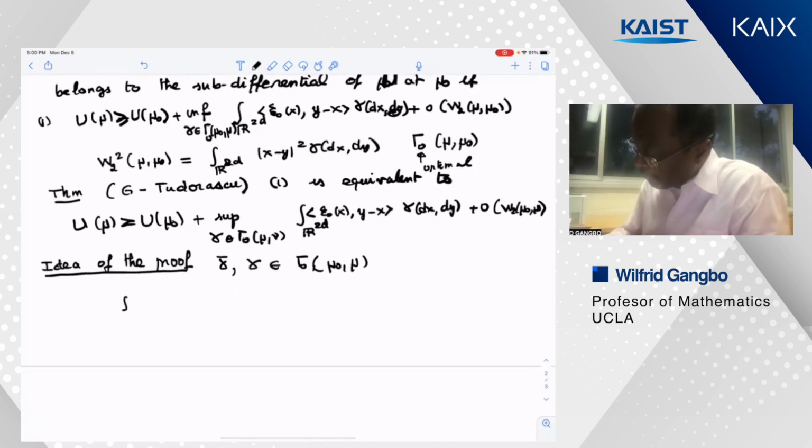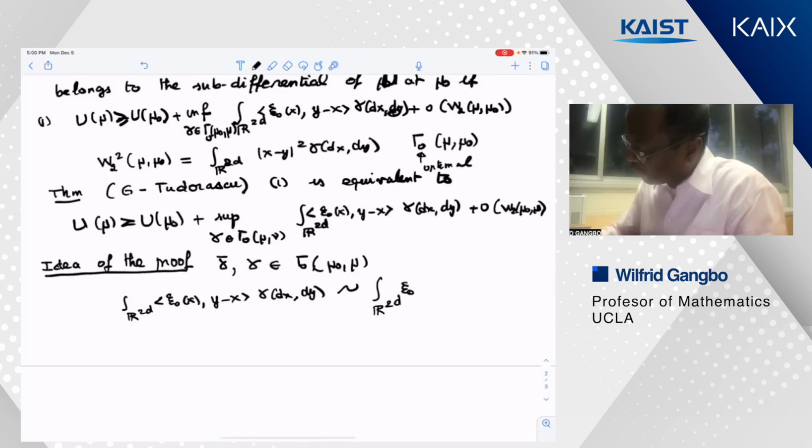And I want to compare the integral over R2d of psi naught of x, y minus x, gamma dx dy, to see how it is comparable to the integral of psi naught of x, y minus x, gamma bar dx dy.